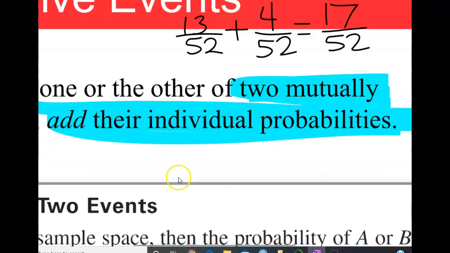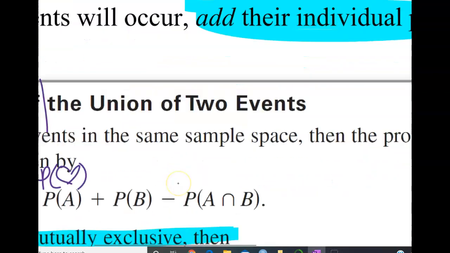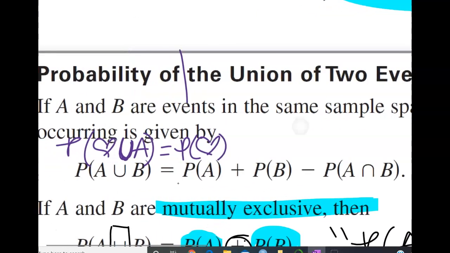So going back to the right way to do the problem, we have the probability of getting a heart from a deck of cards plus the probability of getting an ace, and then minus the probability of getting one that is both a heart and an ace.